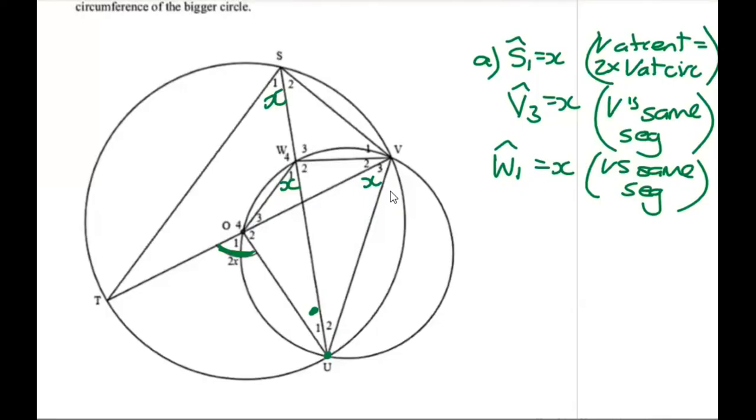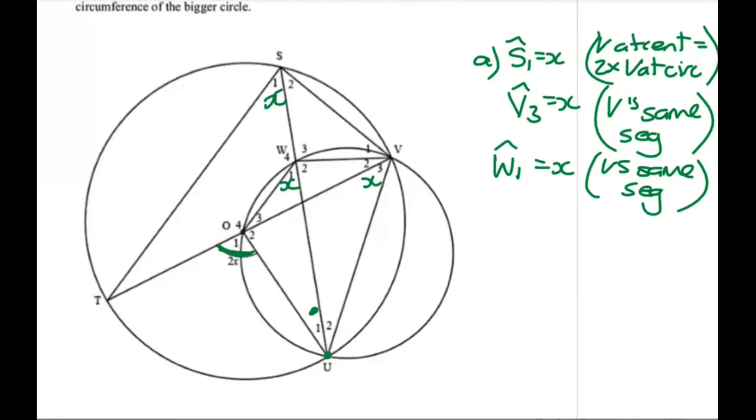We've got an idea of U1 saying opposite angles. Are you talking about opposite angles of the cyclic quad? Which opposite angles are you talking about?